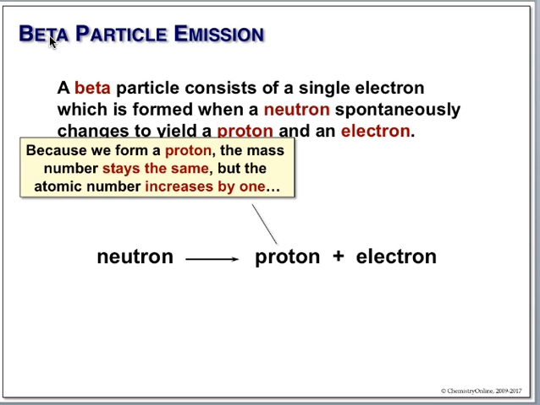A neutron is sitting here in the nucleus, happy as it could be, suddenly breaks down, stays there in the nucleus as a proton, but spits the electron out. That's a beta particle. Because of that, the mass is going to stay the same, because these two masses are the same, but the atomic number is going to go up by 1.